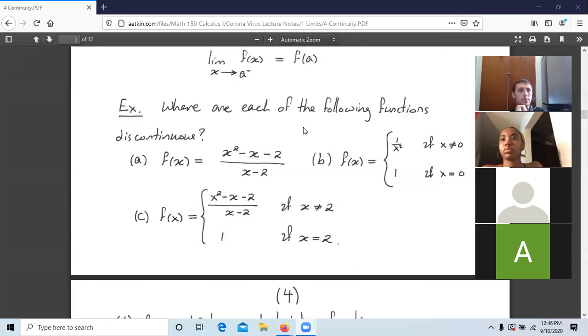B is defined everywhere, but where, Kirill, is the function discontinuous, or is it continuous everywhere? Where is B discontinuous?